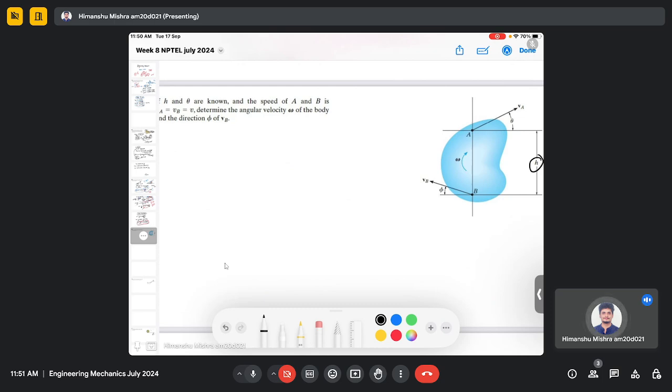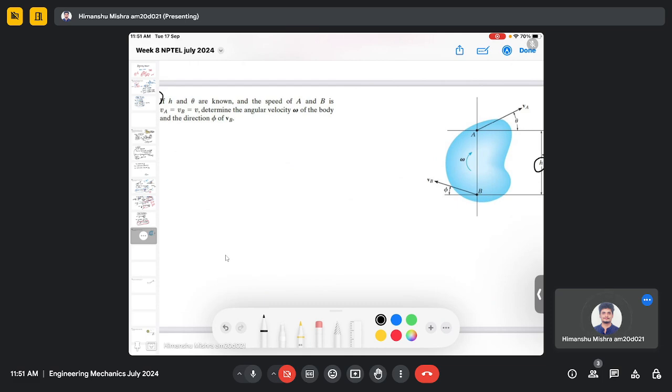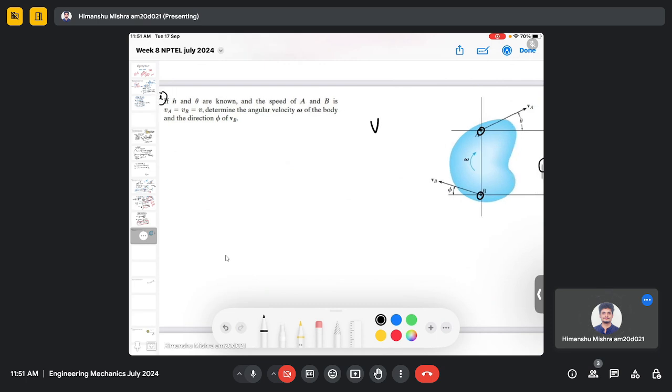We need to determine the angular velocity omega of the body and the direction phi of Vb. So we need to calculate the angular velocity here, and we have given the velocity of point A and point B, which is v. So we can write down the expression of relative velocity.